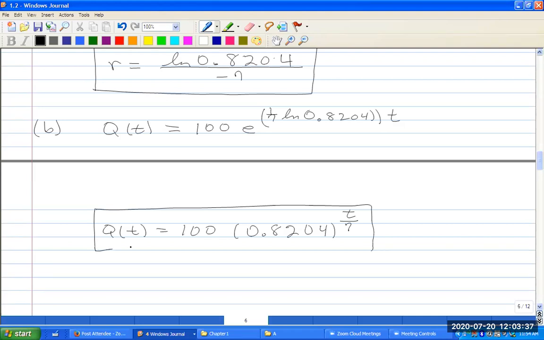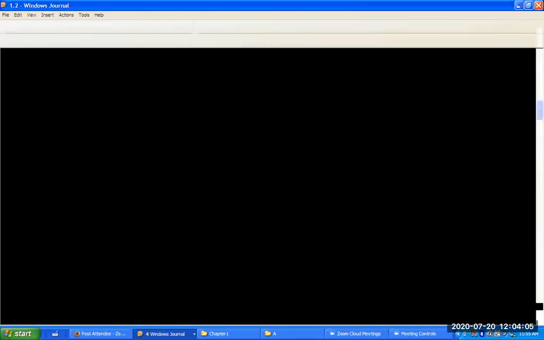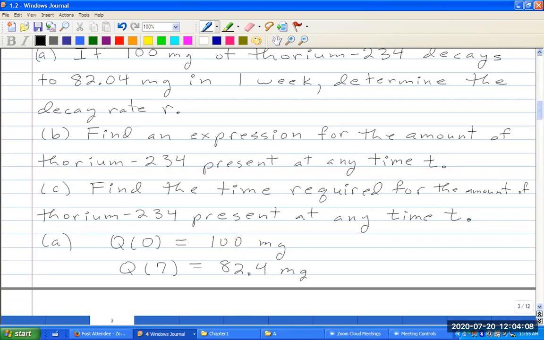So part C, I want to figure out how long that will take.